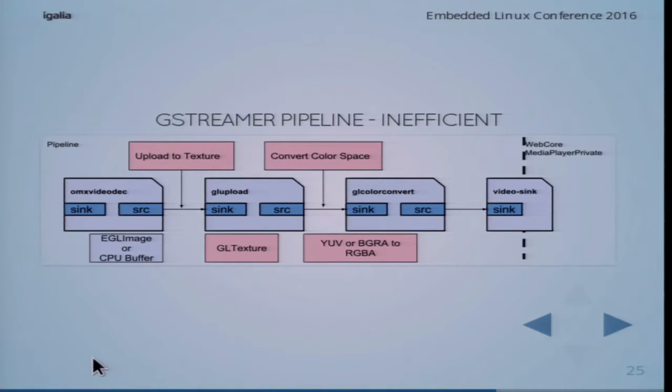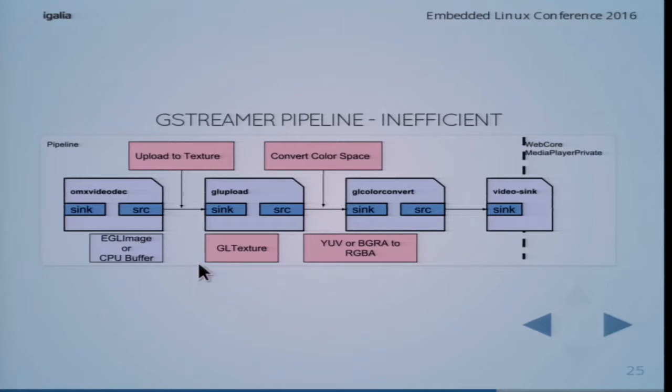In theory, we don't have to upload the texture because an EGL image itself represents some GPU side buffer. It depends on implementations, but it implies it already has a reference in the GPU side, but the implementation of GST-OMX and GStreamerGL was not linked properly at this time, so we need to implement other things.